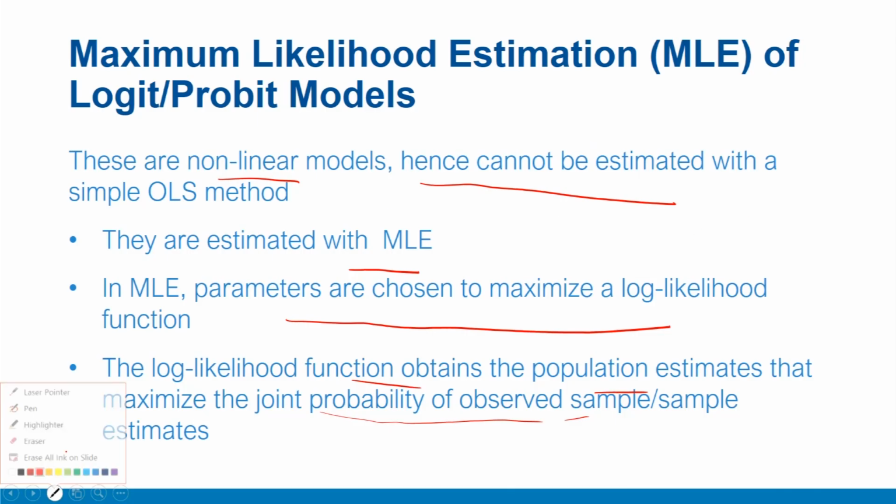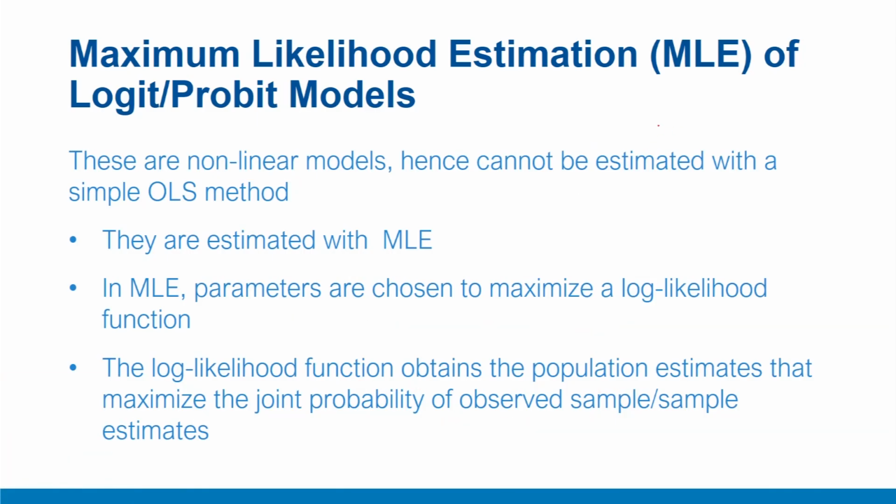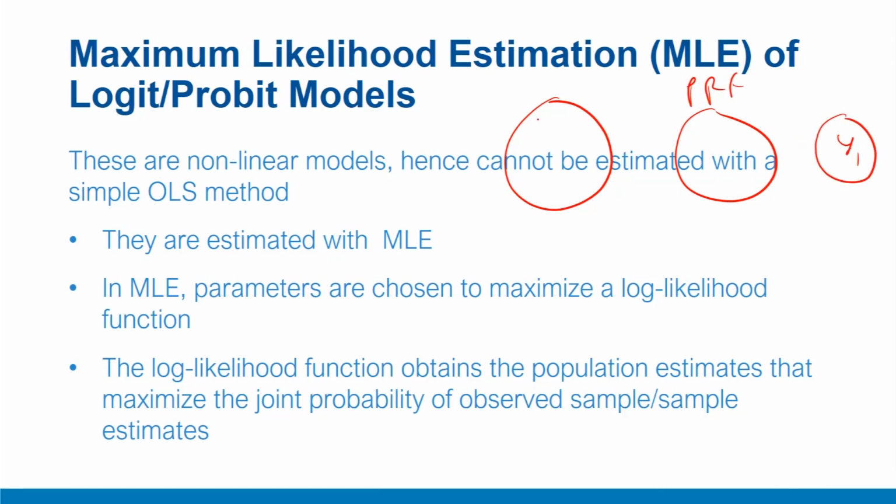Recall our discussion that essentially what we have is a set of population parameters. That means we have a population regression function which maps the observed yi from a given set of variables x2, x3, x4, where the parameters may be beta 1, beta 2, beta 3, and so on.